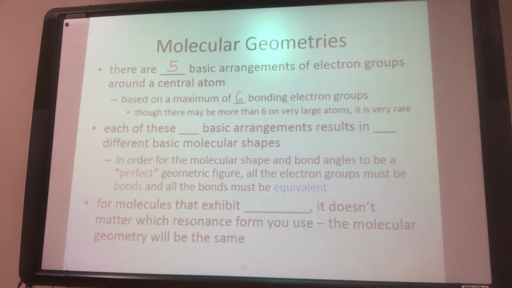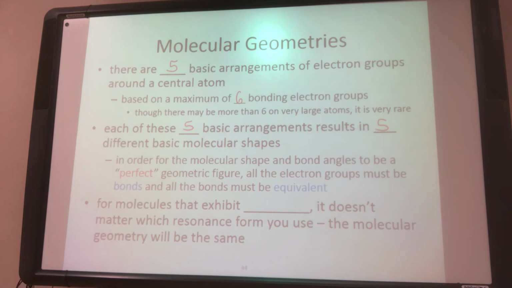Not everything can have up to 6, but 6 is my max. So remember when we were talking about expanded octets and being able to have more things on the central atom, the most it can have is 6. So if I have 6 maximum electron groups, then I'm going to have 5 different basic shapes. So we're going to learn 5 different geometries.